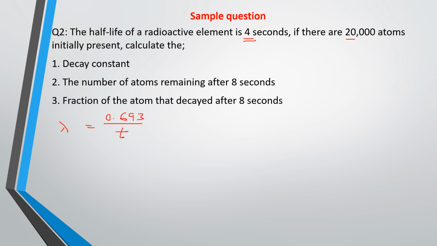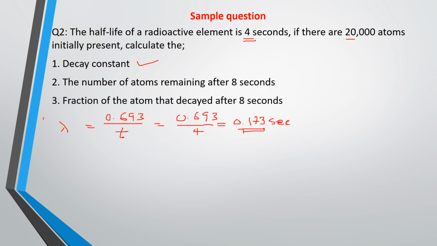If you substitute into this equation, you have 0.693 all over 4. If you do that, you have 0.173 per second. Okay, so that is for number 1.